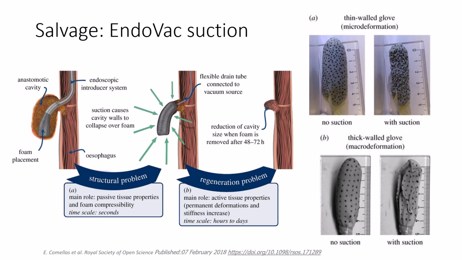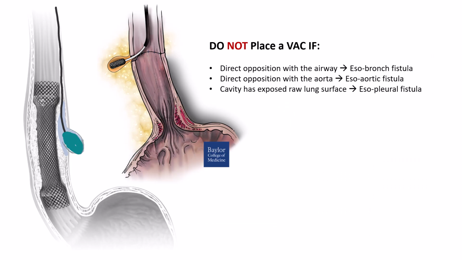This is widely published by Cornelius and colleagues. A thin-walled glove with micro deformation permits suction being performed without having the sponge become too incorporated into the tissue and puts you at less of a risk for bleeding.